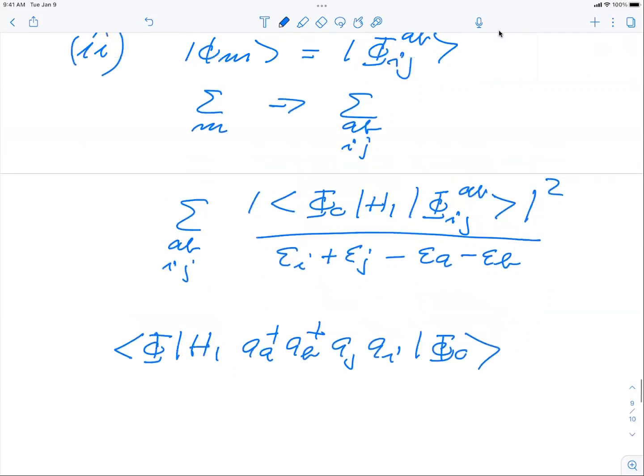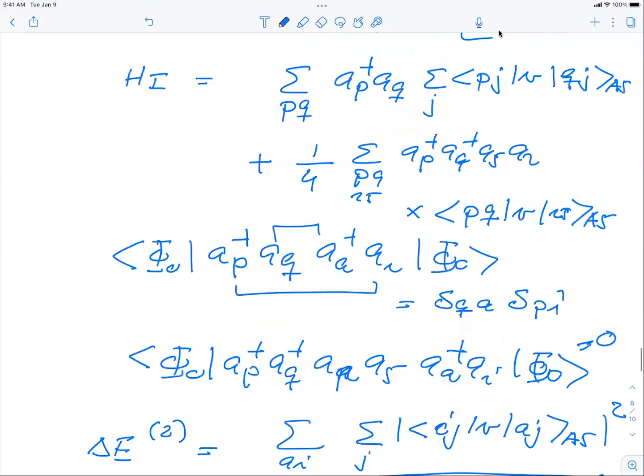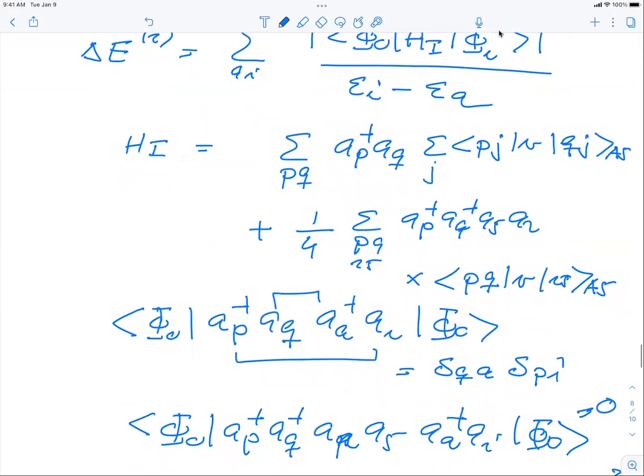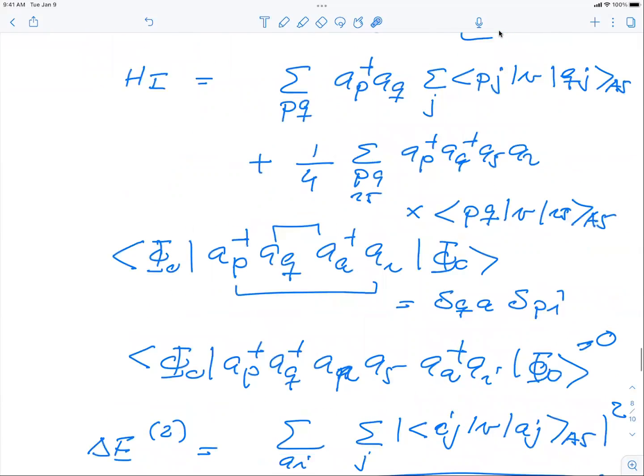If we go back to what we had as a definition of the Hamiltonian, and remember what we did in connection with both full configuration interaction theory and Hartree-Fock theory, we know that the one-body operator, like this term here, acting on a two-particle two-hole state will always leave a set of creation and annihilation operators uncontracted, and that will give us 0. So the only term which gives something different from 0 now is going to be a term which comes from the interaction here.